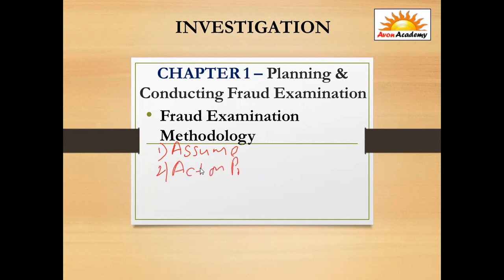That means there are circumstances where the possibility of fraud exists. Third, you have an approach from two perspectives: either the fraud has occurred or not occurred. You have to start with one of the approaches.